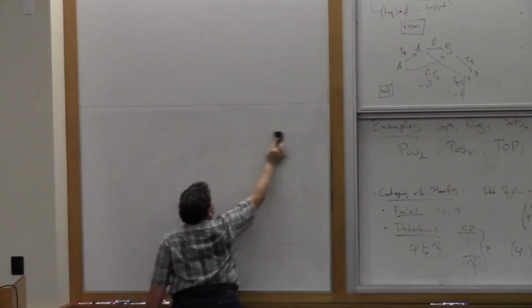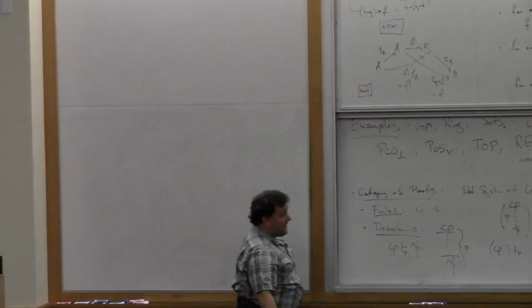What would it mean to leave them off? The arrow category includes this alpha 1, alpha 2 in the map.